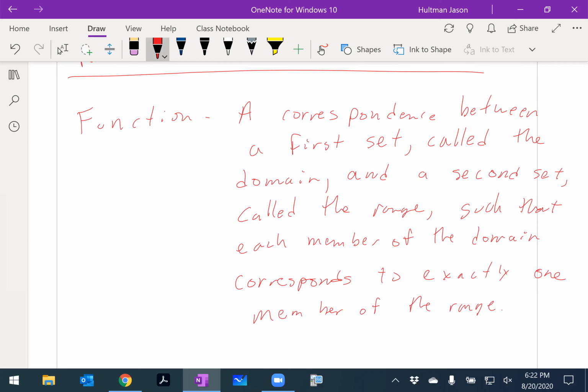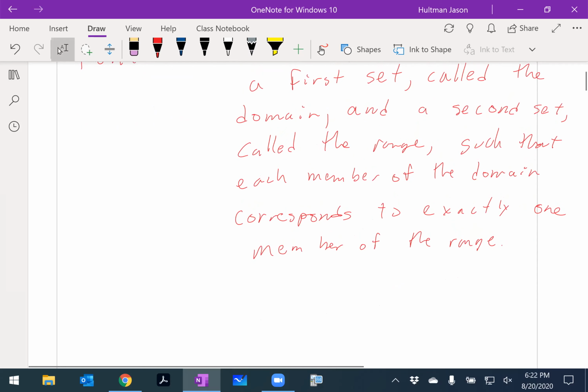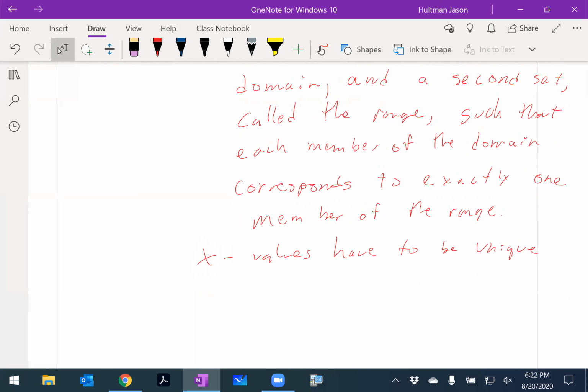Okay, so what does this mean? It just means that your X values have to be unique. That's what this means to be a function. You have to have unique domain values. Your domain cannot overlap.